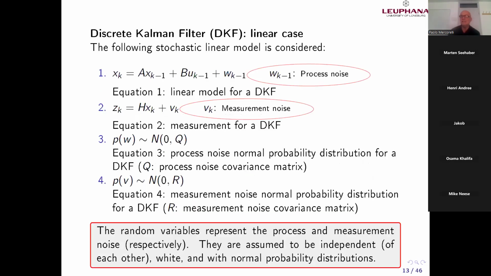Let me share this information a little bit more fully, but look, equation number one is basically the model, a discrete model, in which, until here, if you don't consider W of k-1, we know everything.